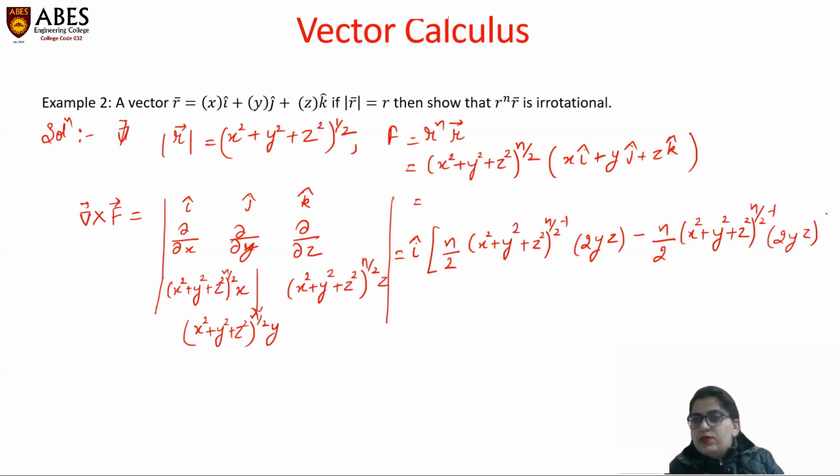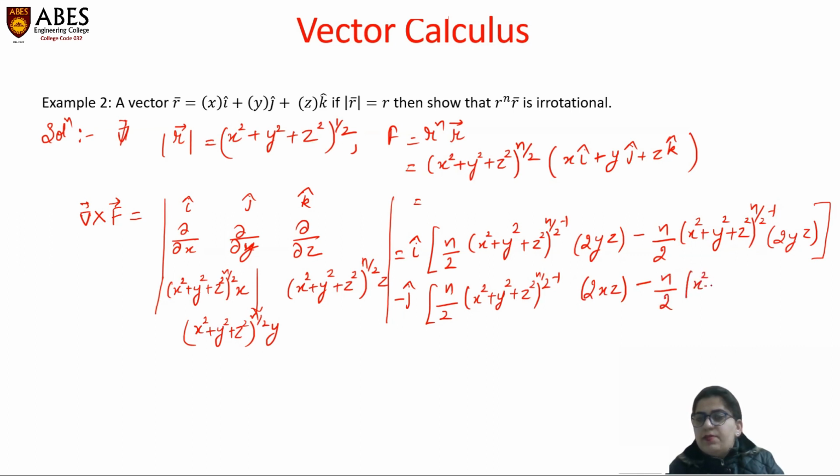Fine. So minus j cap into n by 2 x square plus y square plus z square raised to power n by 2 minus 1 into 2xz, minus n by 2 x square plus y square plus z square raised to power n by 2 minus 1 into 2xz.